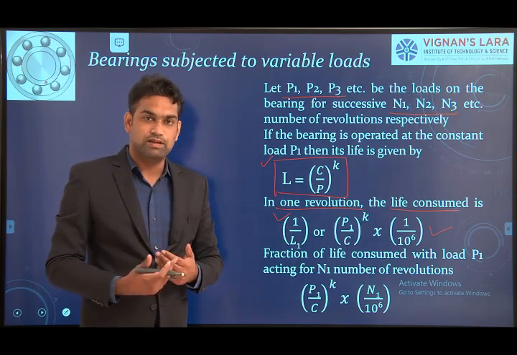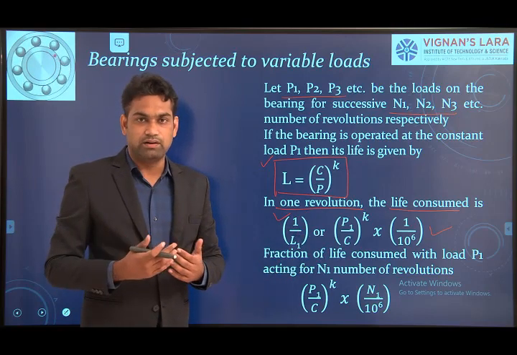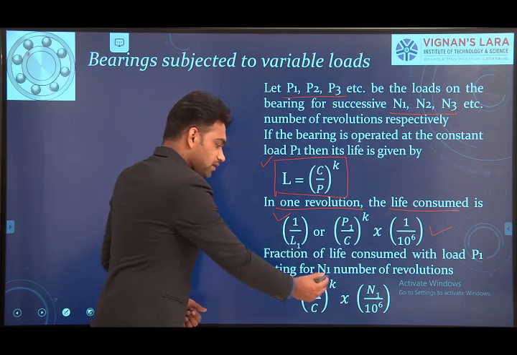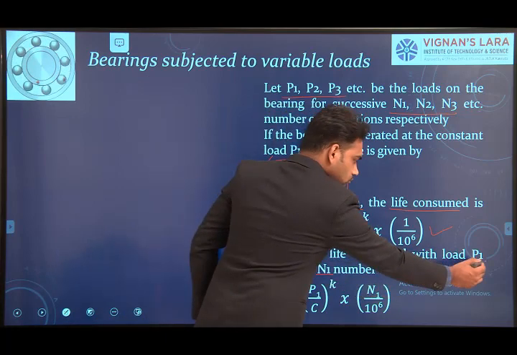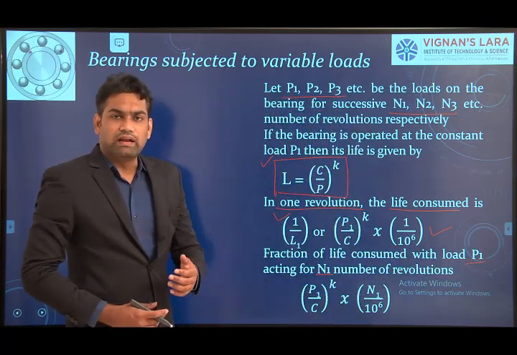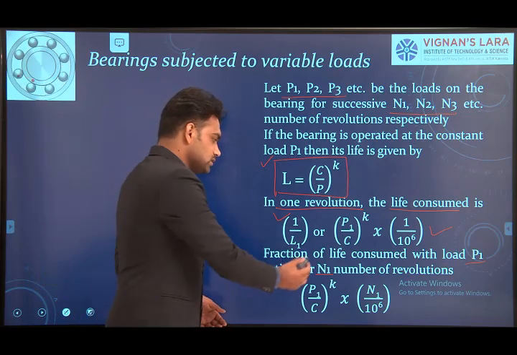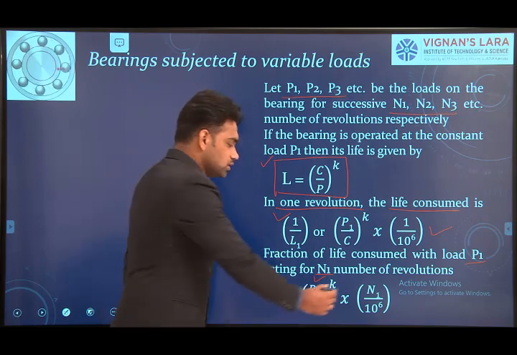Similarly here, I can divide the complete work cycle into 3 time durations, so that during the N1 revolutions I take the load as P1. Then the life consumed for the N1 revolutions is P1 by C whole power K, multiplied by N1.